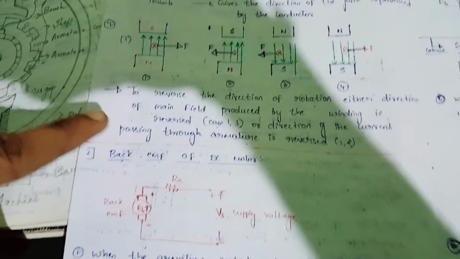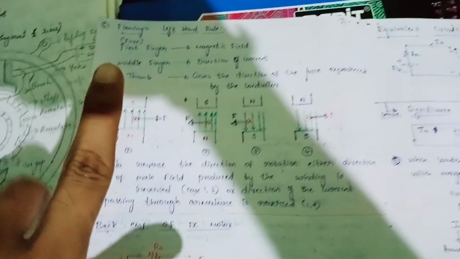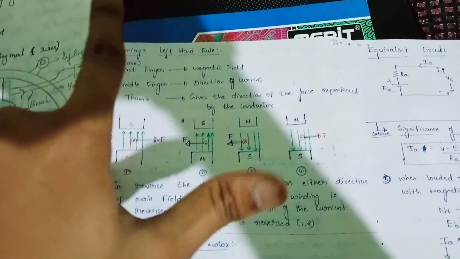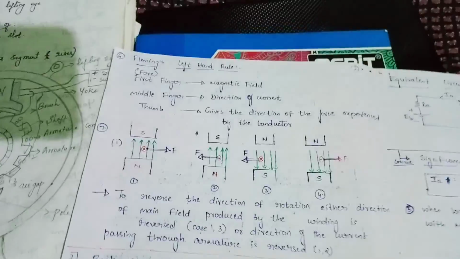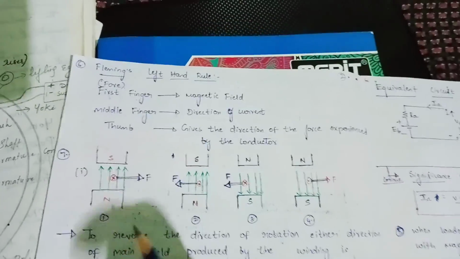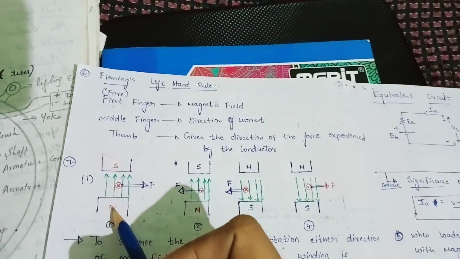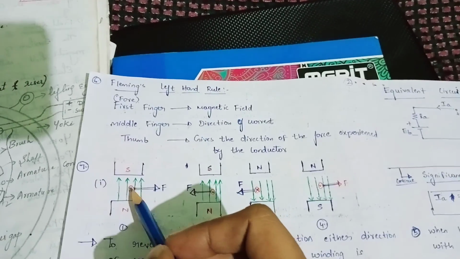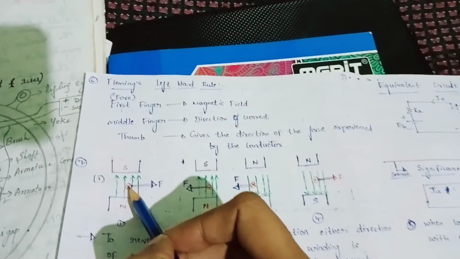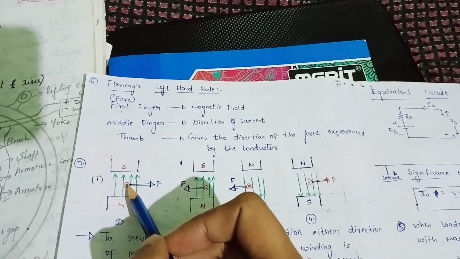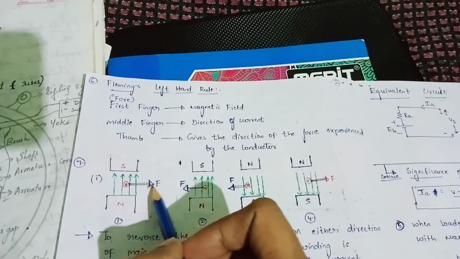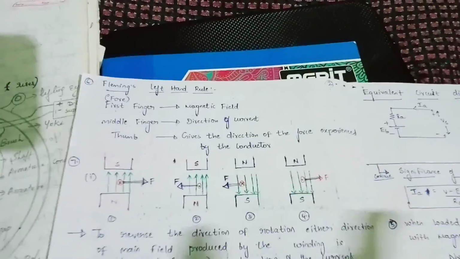If you place a magnetic field in this direction and the conductor is placed inwards, we get the force this way. That is what we have seen in this diagram. When the magnetic field flows from north pole to south pole and the conductor carries current inwards, the force experienced, that is the thumb, will be in this direction, on the right side.